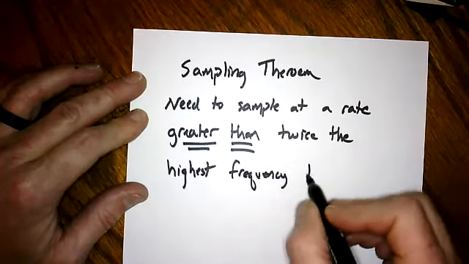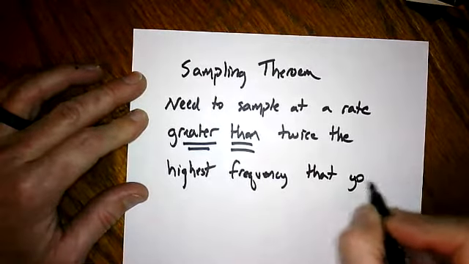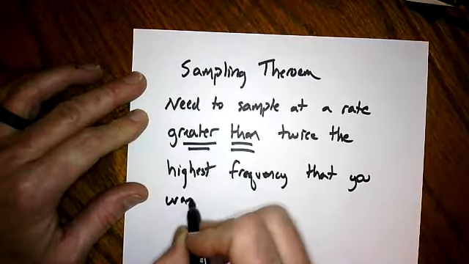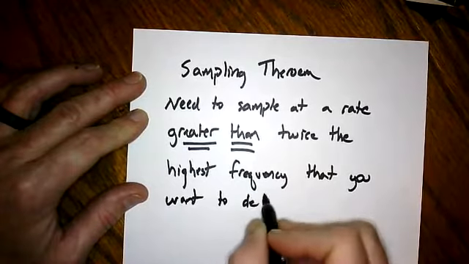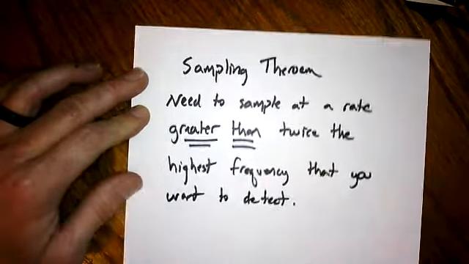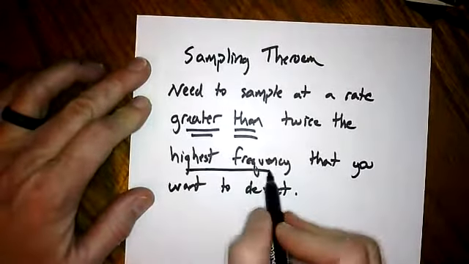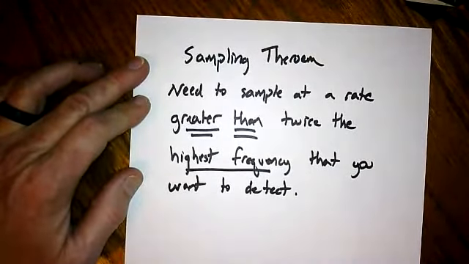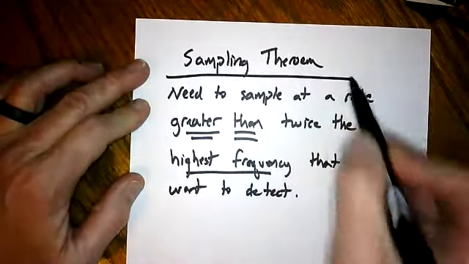Twice the highest frequency that you want to detect. Okay? Twice the highest frequency that you want to detect. That's the sampling theorem, okay?